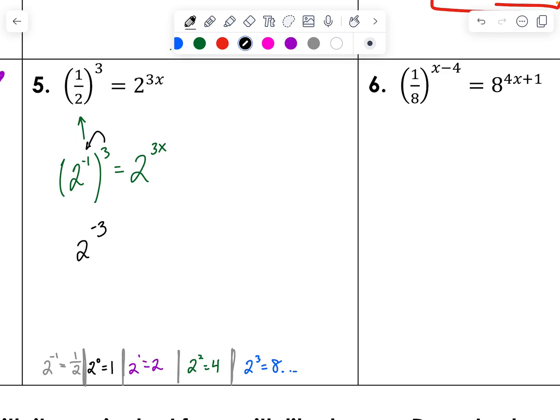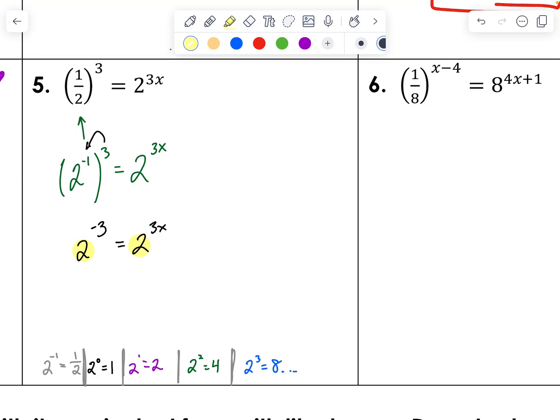So now what we can do is we can write this as, if I multiply, I get 2 to the negative third power equals 2 to the 3x. And it's very tempting to want to rewrite this as 1 over 2 to the third equals 2 to the 3x. But remember what our goal is here. We want like bases. This is not like bases anymore.